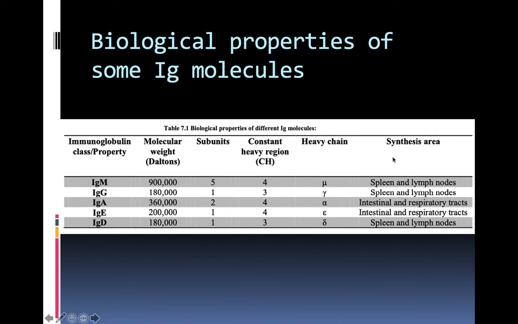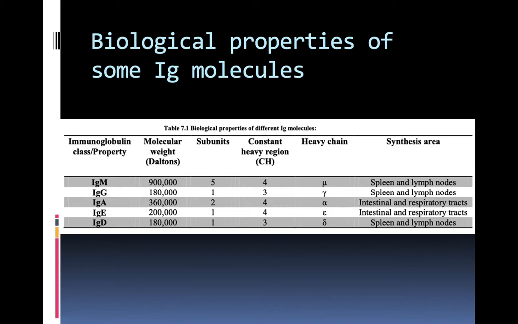Now, in terms of synthesis area, there are two separate regions. IgA and IgE are produced in the intestinal and the respiratory tracts, while IgM, IgG, and IgD are produced in the spleen and lymph nodes.